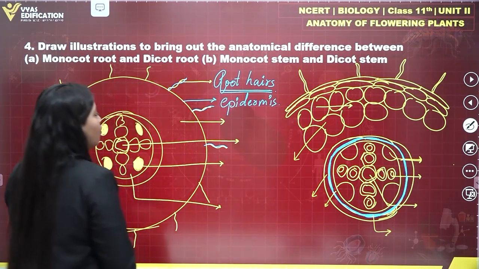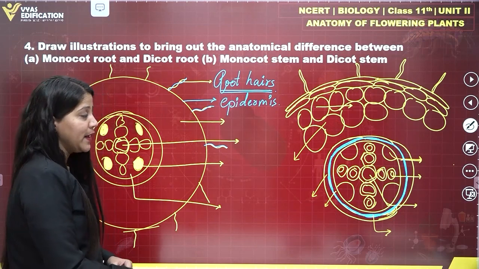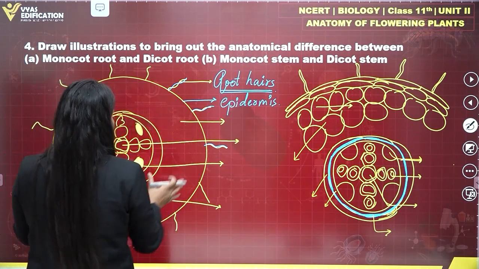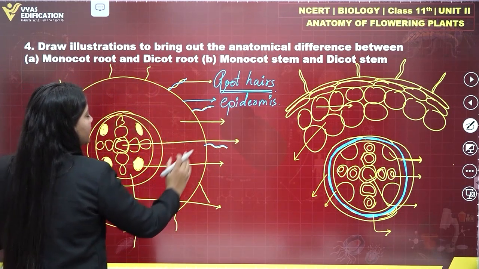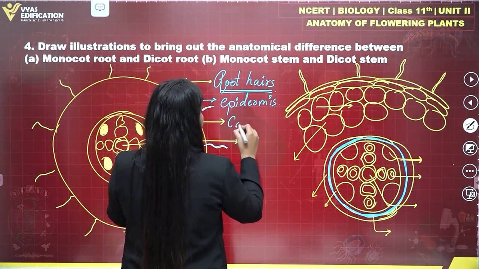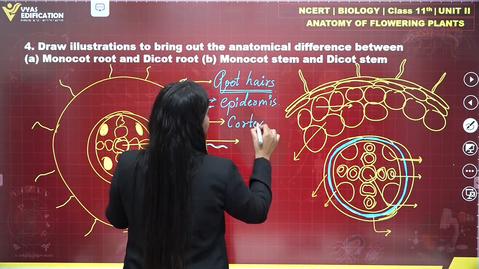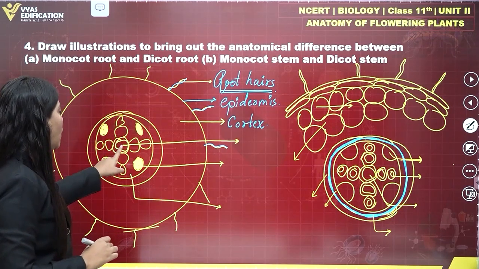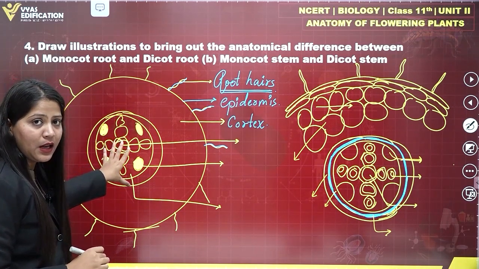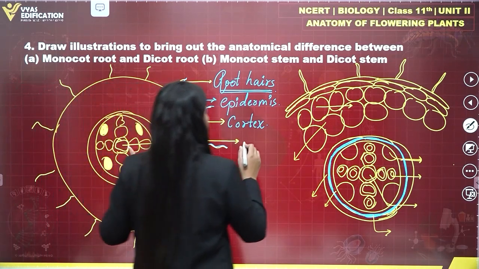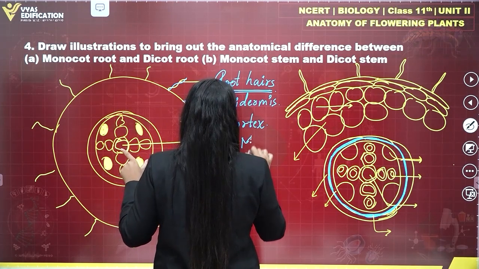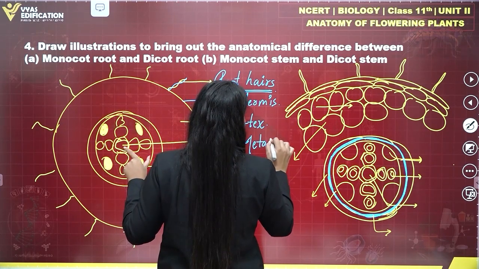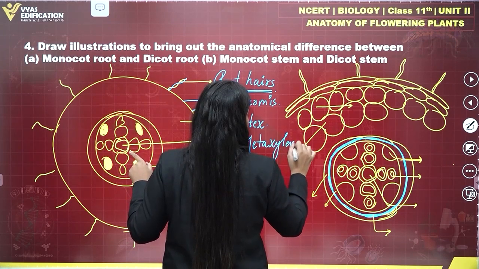Now moving on to the next labeling, this whole tissue here is known as cortex. Then the one structure in the middle is metaxylem.